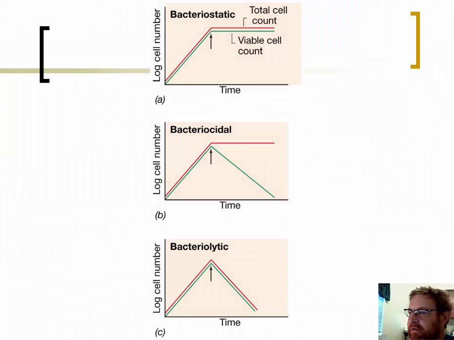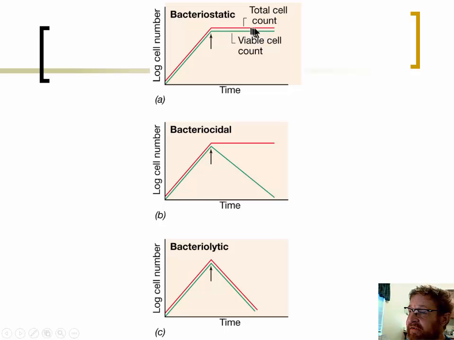So if we look at each of these forms and how many bacteria we have there, if you're bacteriostatic, now we have the red line being the total number of cells that you could see in the microscope versus the number of viable cells, those that are still alive. In bacteriostatic, when you add the chemotherapeutic agent at this arrow here, those two things remain the same.